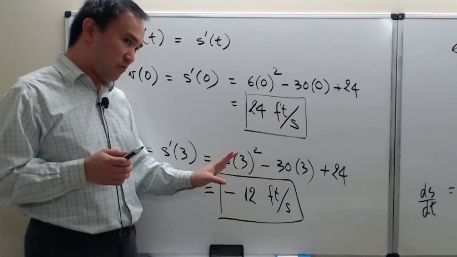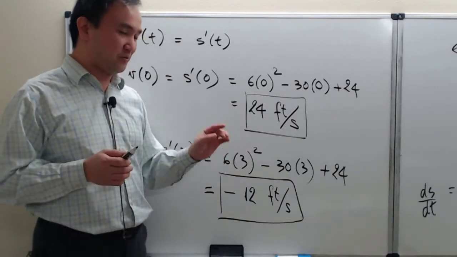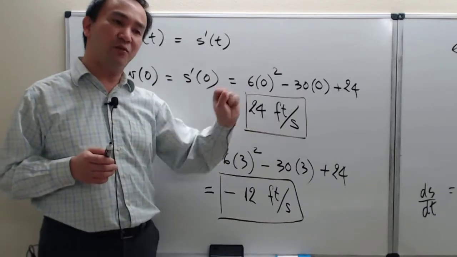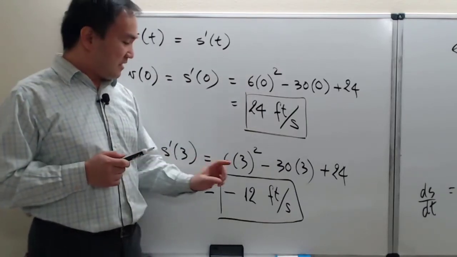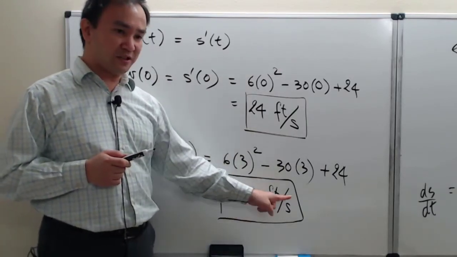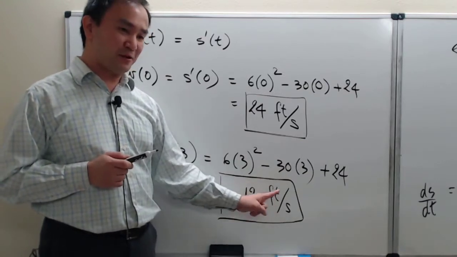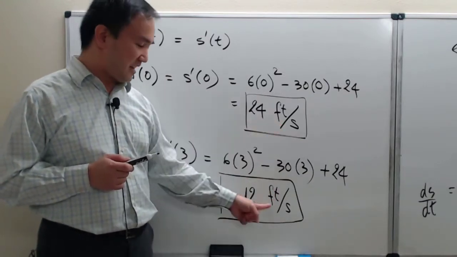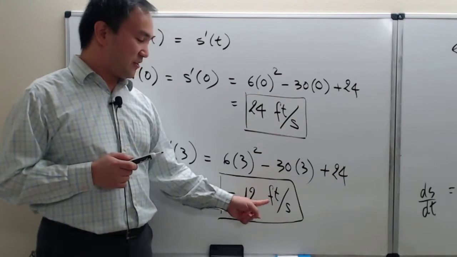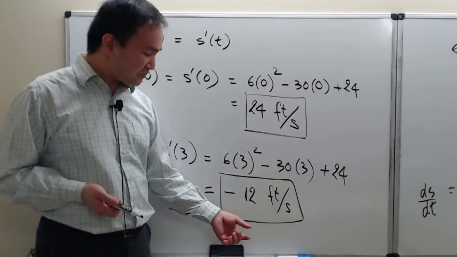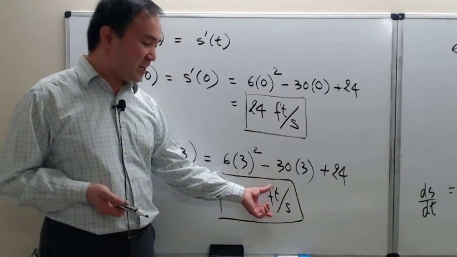But remember what I said, this is not only speed. Velocity is speed together with direction. So we shouldn't be shocked about the feet per second, because just like the earlier part, that's the standard unit for measuring speed or velocity.